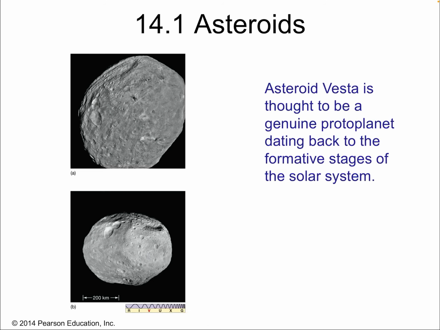All right. The asteroid Vesta is thought to be a genuine protoplanet dating back to the formative stages of the solar system. Right, so Vesta is forming like Earth would have been forming around that same time, in the first couple hundred million years of the solar system, kind of right up to that period of bombardment, once the planets were big enough to be bombarded.